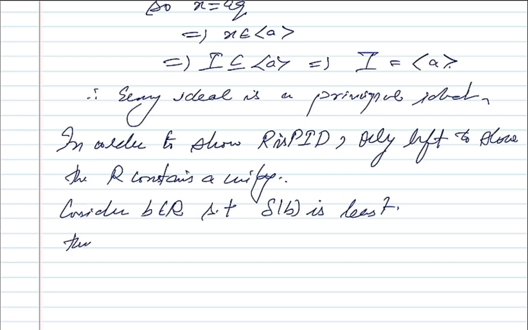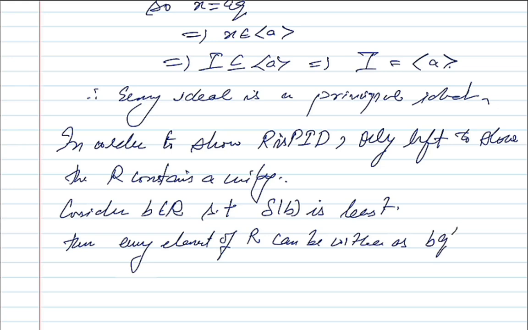Then by the above observation, every element of R can be written as B times Q dash for some Q dash. This implies B itself can be written as B times E for some E belongs to R.